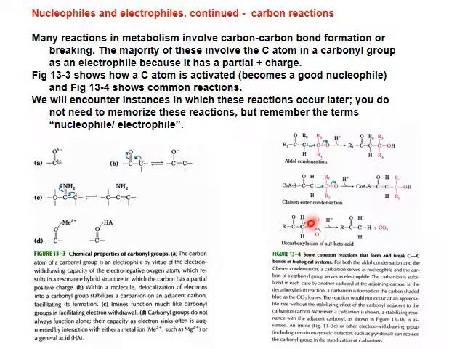So basically you're losing carbon dioxide in the process. With the beta keto acids, this would be your alpha carbon here, like with your amino acids, but it has a beta keto group. We'll see this a lot in metabolic enzymes where you have decarboxylation reactions, and you'll form these beta keto acids.